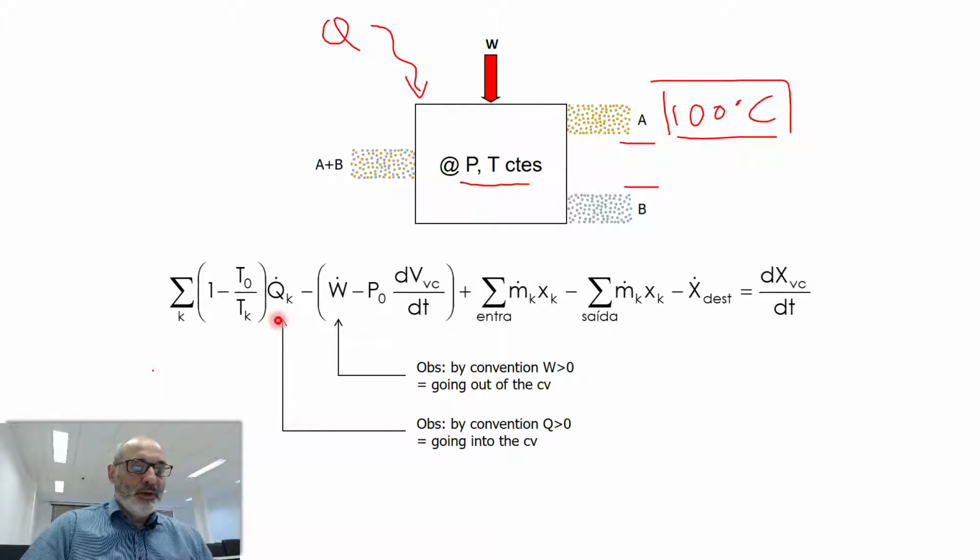So this Q is positive when it's going into the control volume, and W is the opposite. It's positive when it's going out of the control volume, okay? So this is a convention. If during our calculations this W becomes negative, that means that the process is actually importing work, consuming electricity, consuming organized energy, okay?